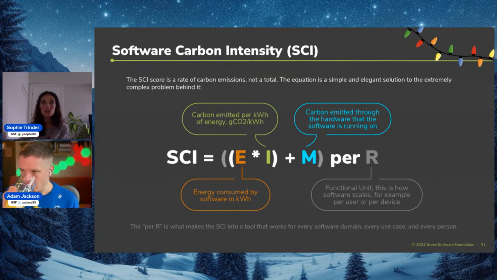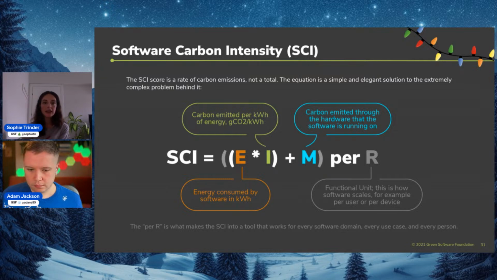Like we mentioned, it's just been accepted by ISO as a standard, so it'll be in their catalogue soon. So this is a great way of standardizing how much carbon is emitted per functional unit. That's the R. The R here in this equation, it could be user or per device. It's up to you to determine what that R is based on the software you're trying to measure.